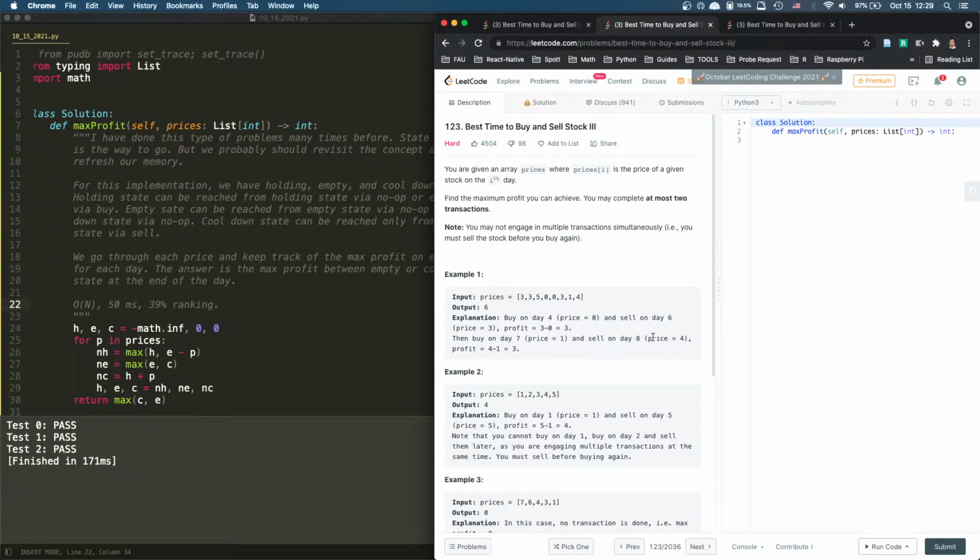And how do we code this? So we only have 2 transactions. So at each price, we go through all of them, right? Let me think.